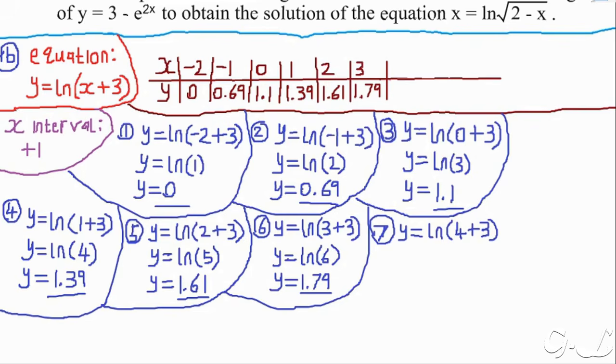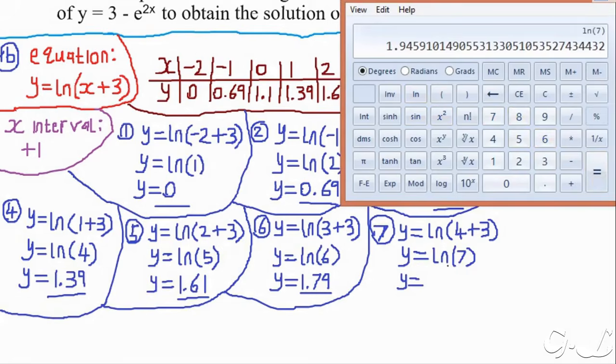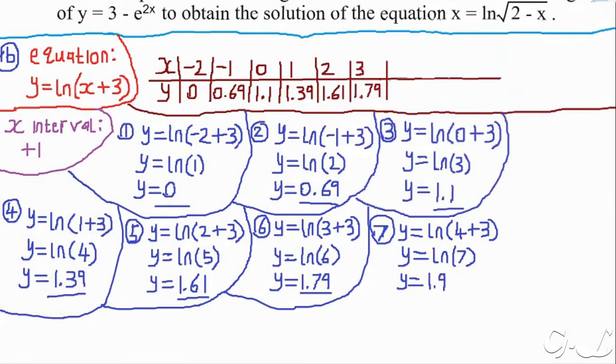It should not be greater than 4, so we are going to end on 4 on the x coordinate. When you do the calculations with those in brackets, it will be 7. So y is equal to natural log of 7, which is 1.95 when you round it off.